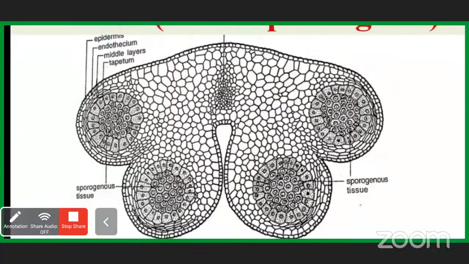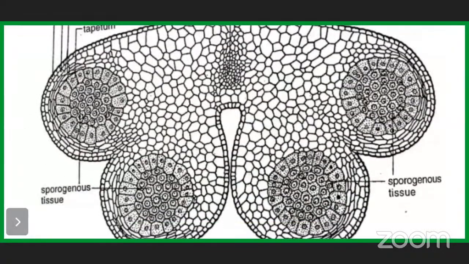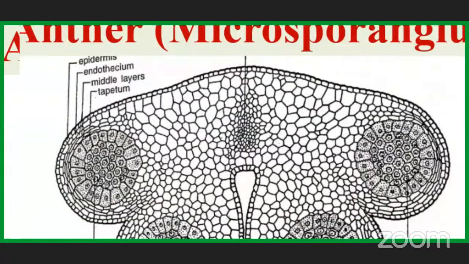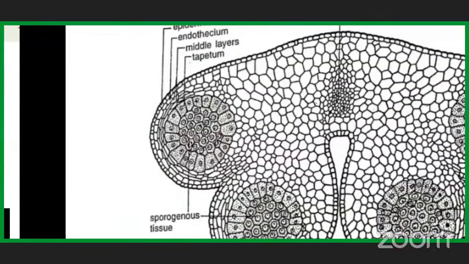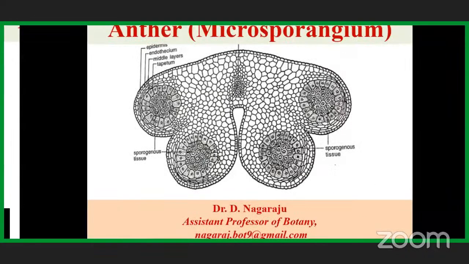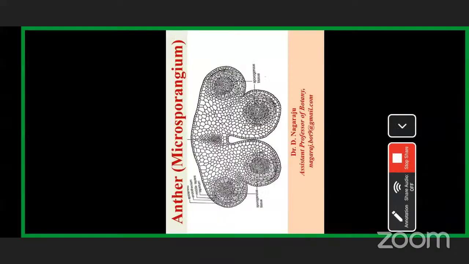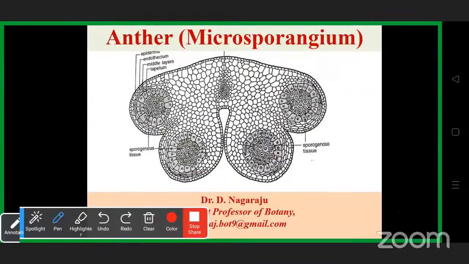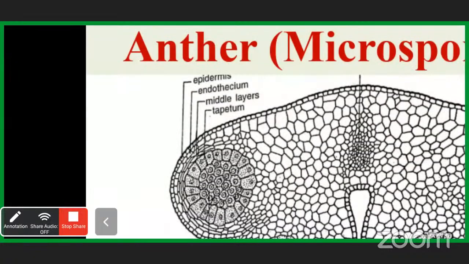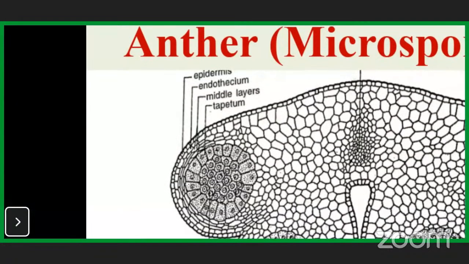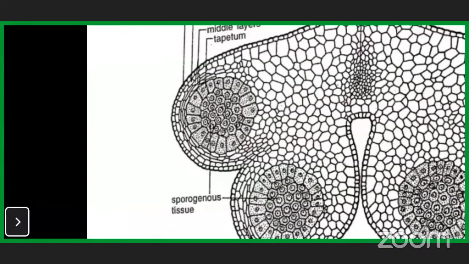Okay, you see how the anther structure is. It is a tetralobed structure. How many? 1, 2, 3, 4. 4 lobe structure is there. And if you see each lobe structure from top to bottom, there are parts. What are those?